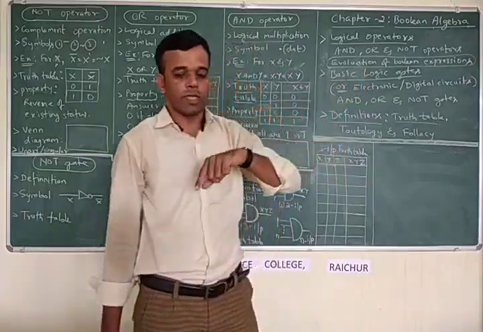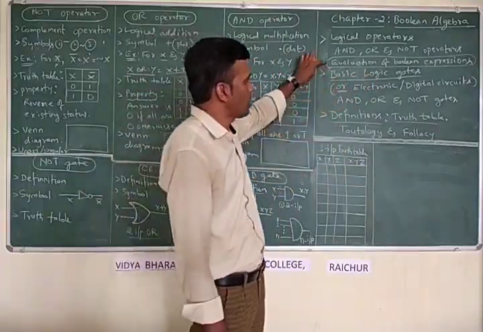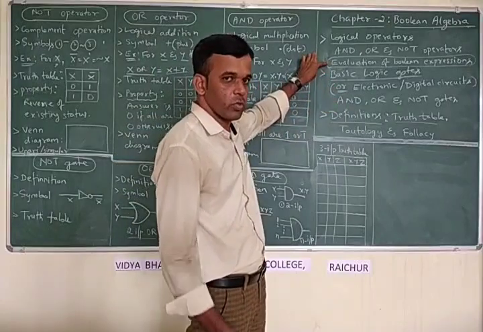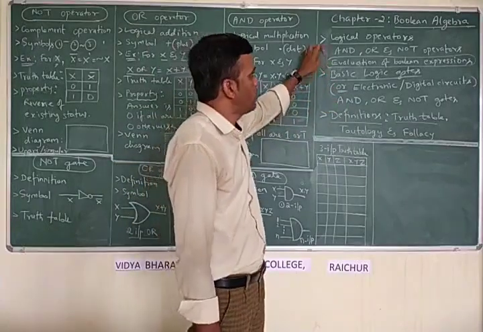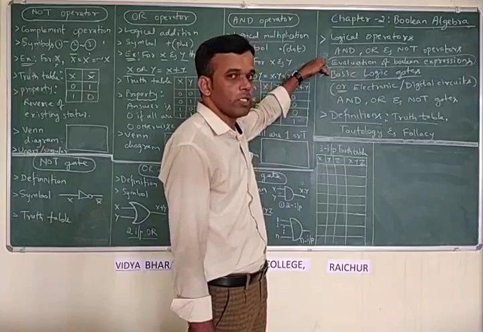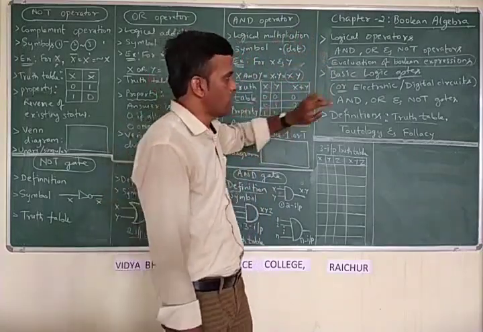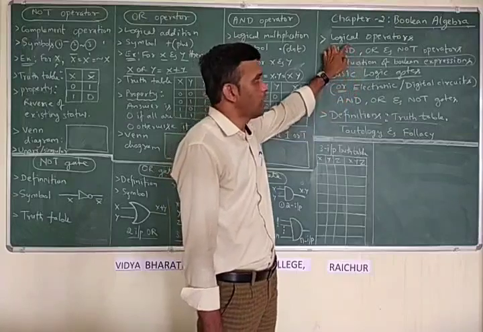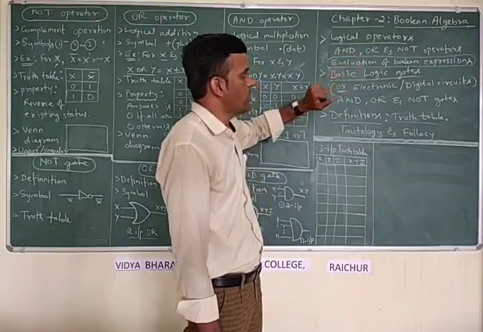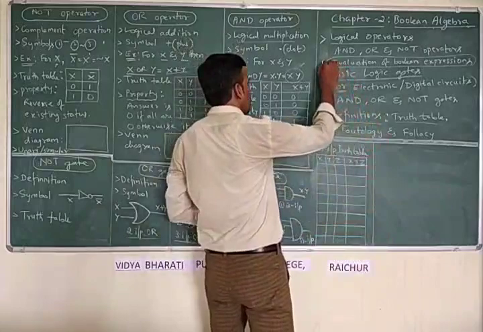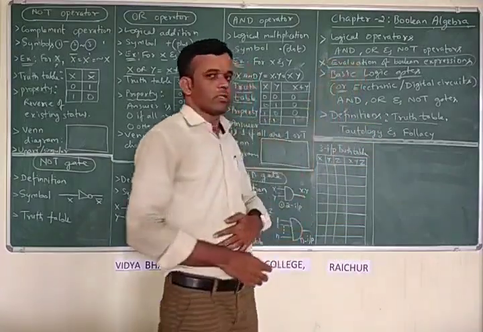In the textbook, we have evaluation of Boolean expressions using truth tables in between the operators and logic gates. So it would be better to consider logic gates after the operators. That's why I am skipping evaluation of Boolean expressions.